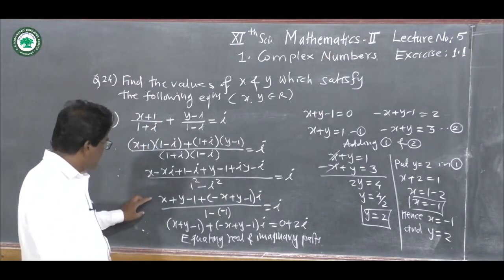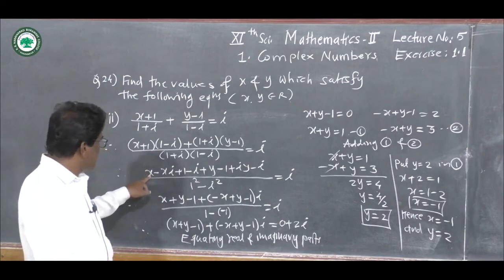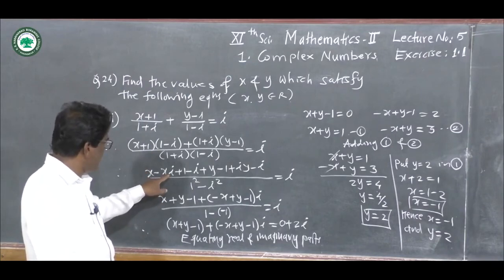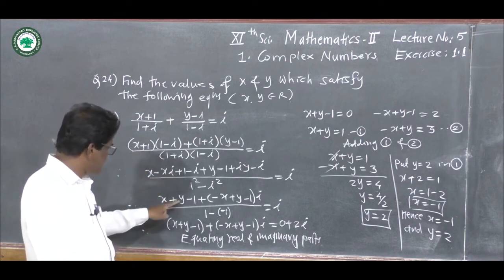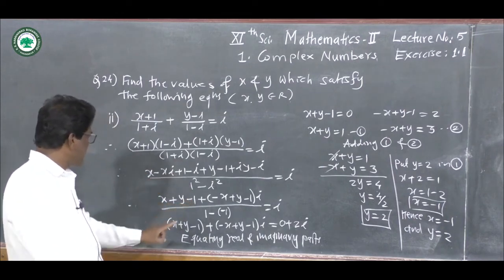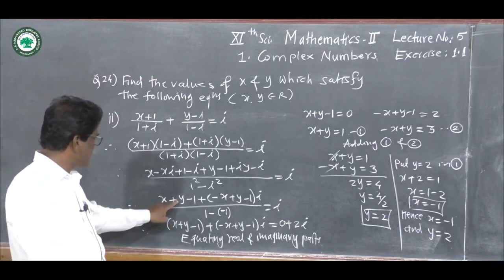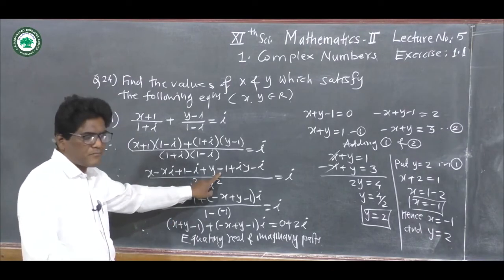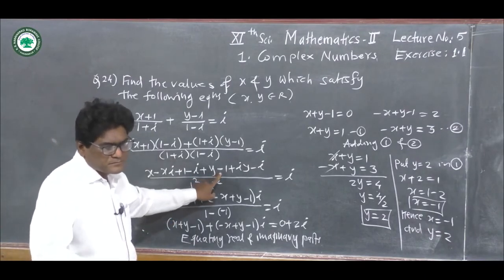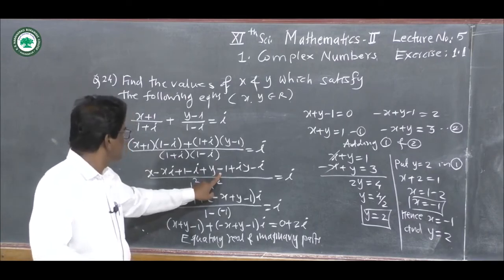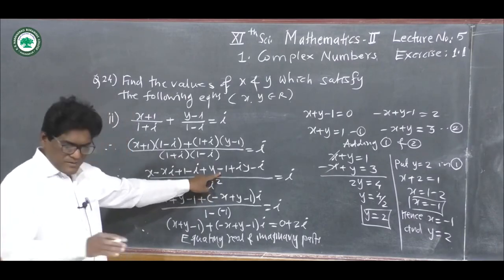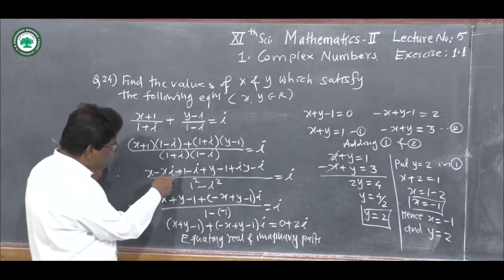We again check here x minus xi, x minus xi plus 1, x plus y minus x plus y, and this minus 1. Now see here, here also plus 1.